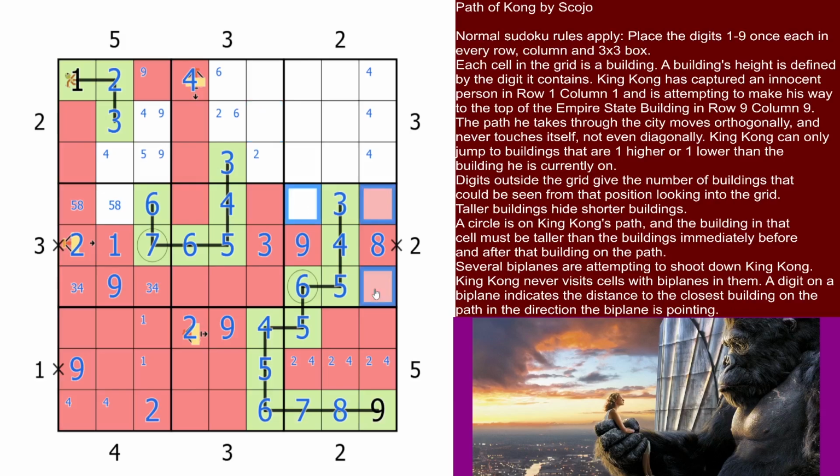What are those? 1, 2, 1, 2, 7. That's not 7 because of this. 1, 2, 7, 1, 2. So 7 is one of these two, right? 7 is somewhere here. 5, 8. That's not 4 now, right?